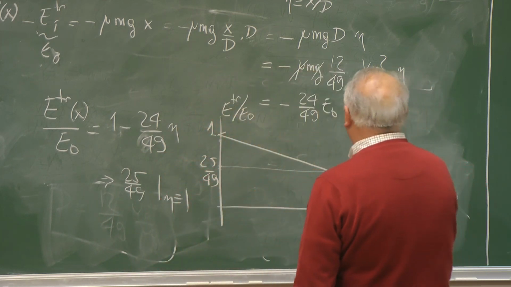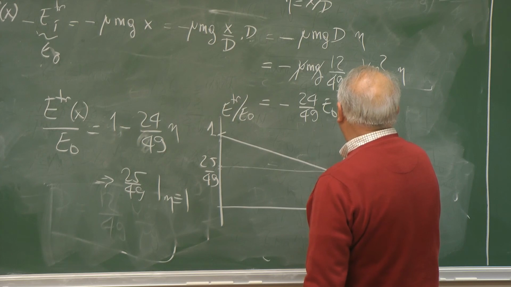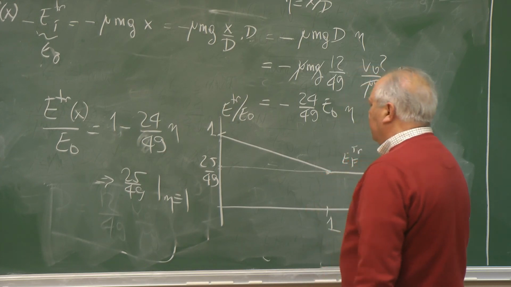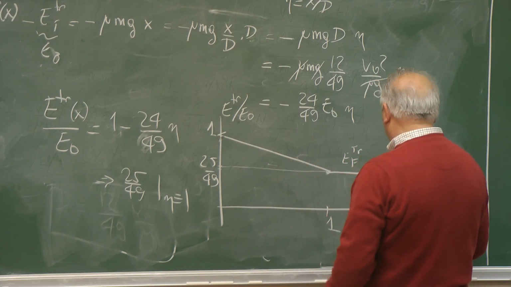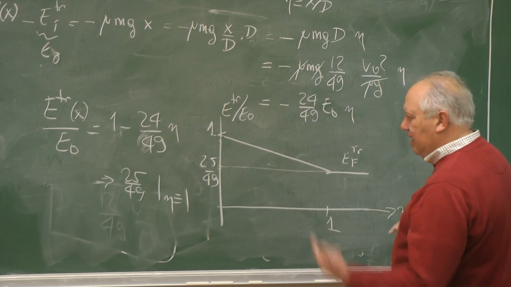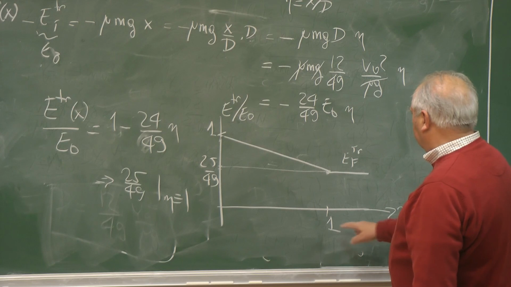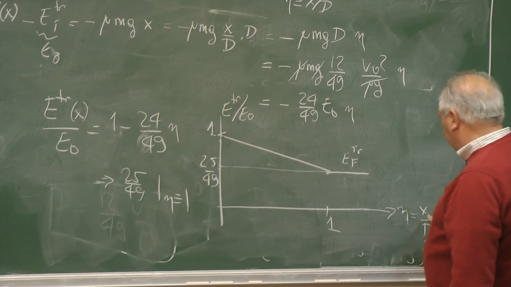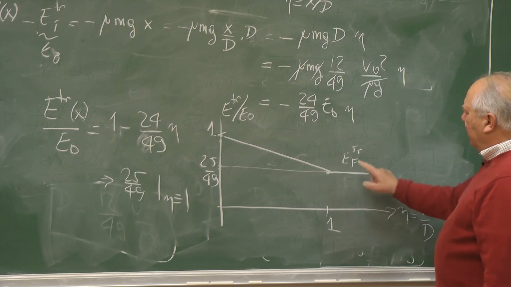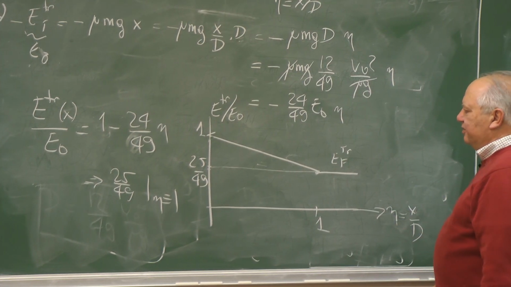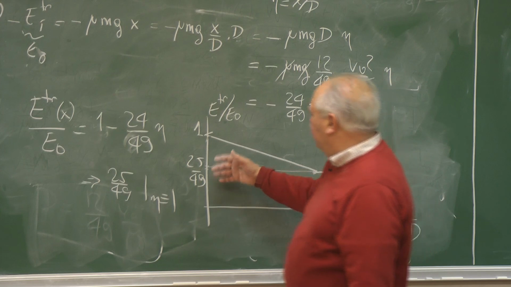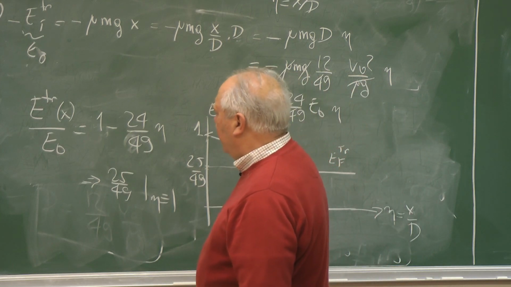So this is the E final translation. It starts from 1, and in time capital T reaches eta equals 1, or the position D, and this is the final translational kinetic energy, which is about half the initial.